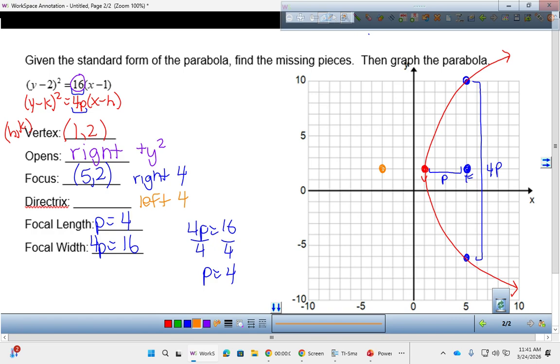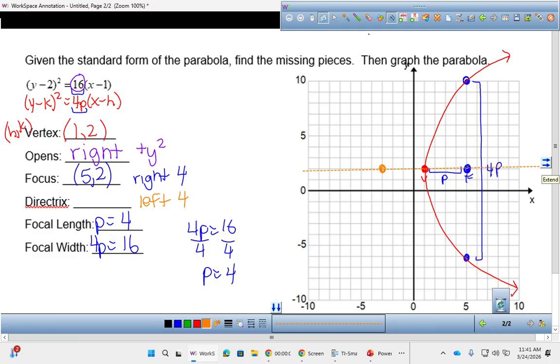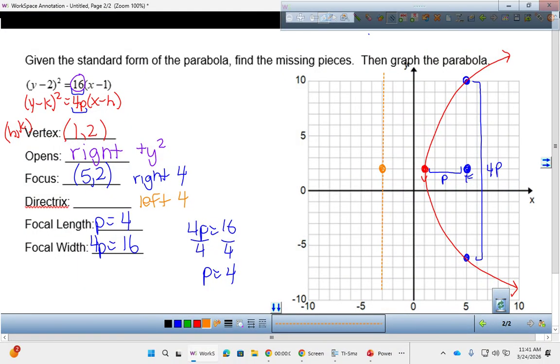It's a line. The directrix is a line that doesn't go through the graph, so I'm not going to go like this, because you can see that cuts right through the graph. That's called the axis of symmetry. The directrix goes the opposite way of that. It kind of serves as a boundary line for my graph. So that's my directrix. It's a little lopsided.